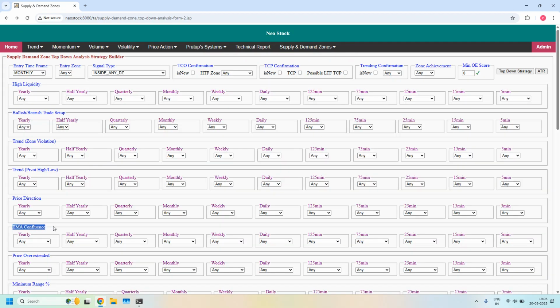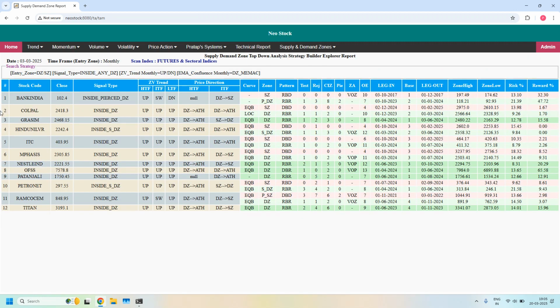In the EMA Confluence, the trend on the monthly should not be sideways. It can be up or down when you select EMA Confluence. So 12 stocks are filtered. These 12 monthly demand zones are having monthly EMA Confluence, and also the current price closed inside these monthly demand zones.